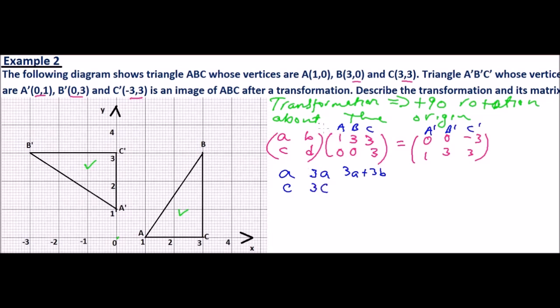Then we have C times 3, that is 3C, plus 3D. So we close the bracket, and that should be equal to our matrix of the object, which is 0, 1, 0, 3, minus 3, and 3.